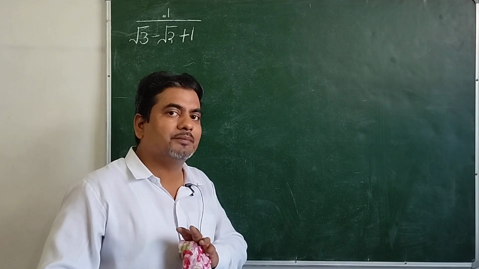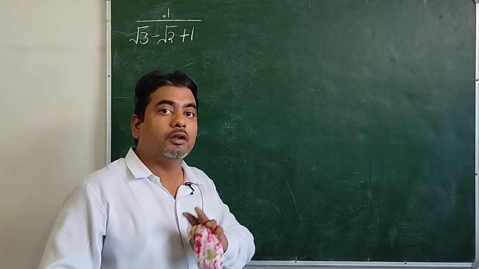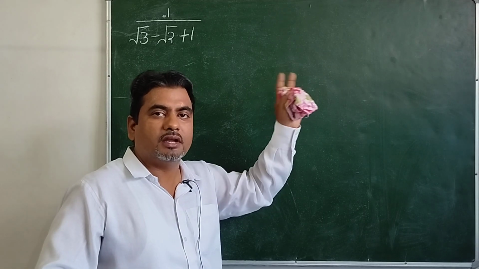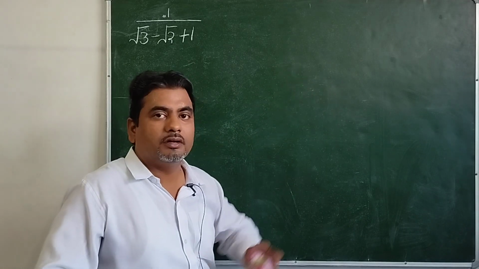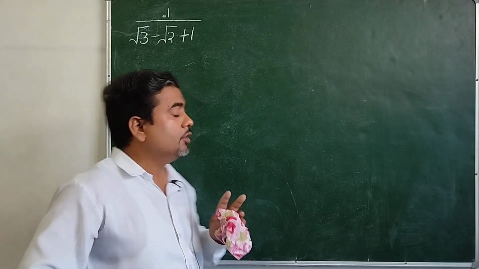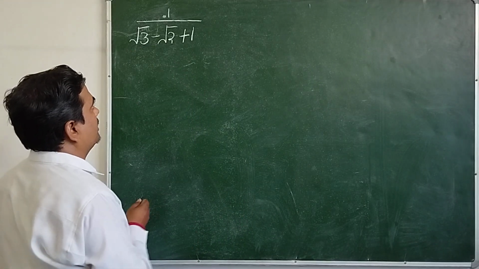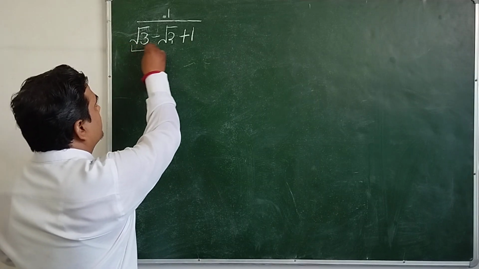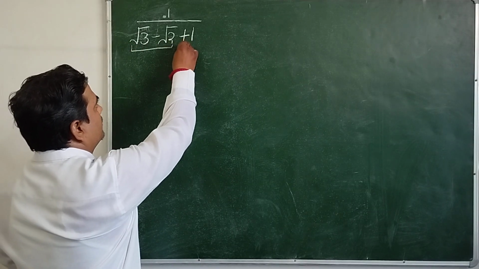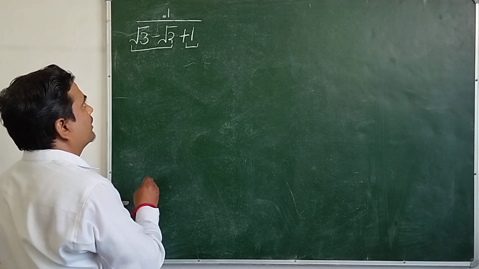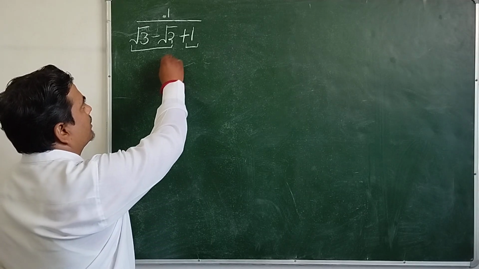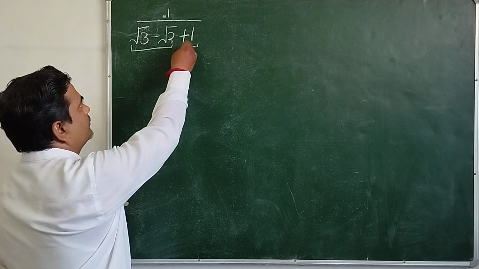Okay, but the concept and process, whatever we have followed already in the case of two terms, that will be same. So now here I am taking root 3 and root 2 together, so this part will be considered as one part and this part will be considered as one part. For the rationalization of the denominator, we multiply the conjugate of this one.